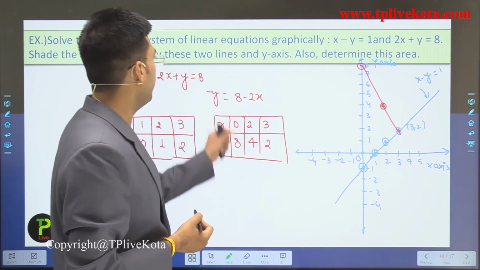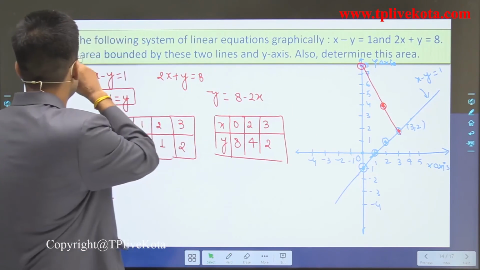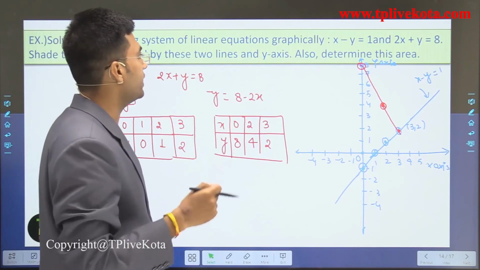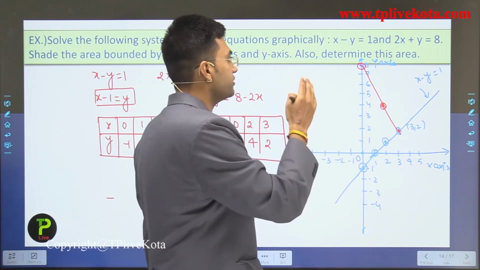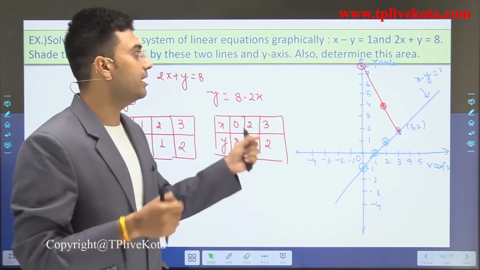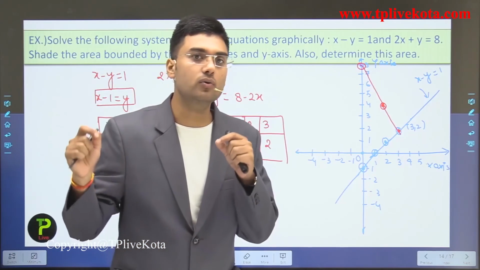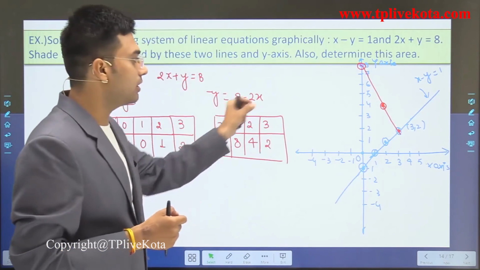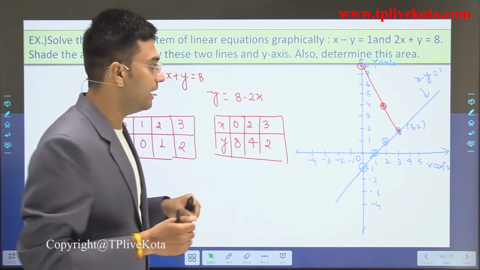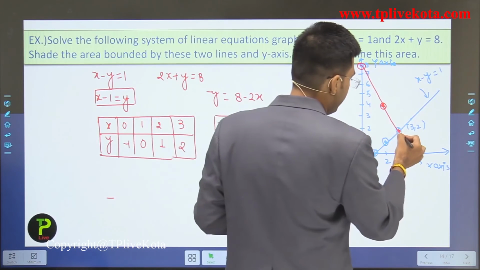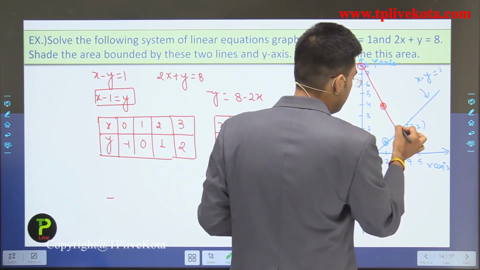We have to solve the following system of linear equations graphically: x minus y equal to 1 and 2x plus y equal to 8. We draw the graph of both equations and we see that these two lines intersect at 3 comma 2.